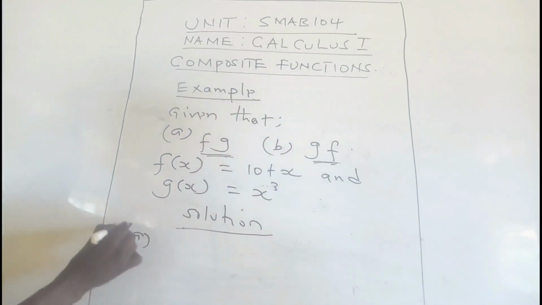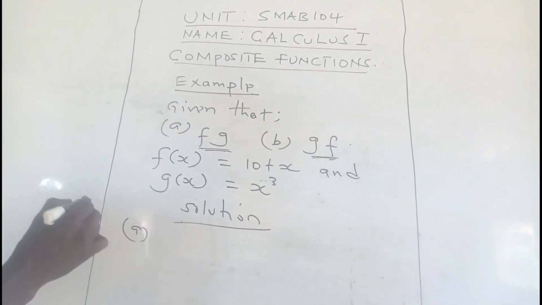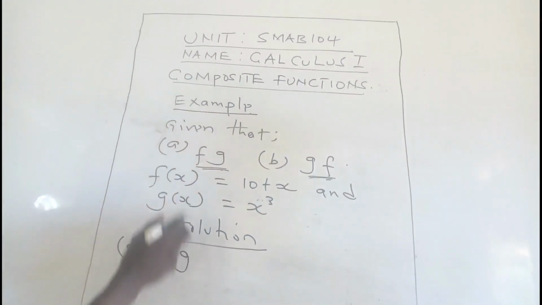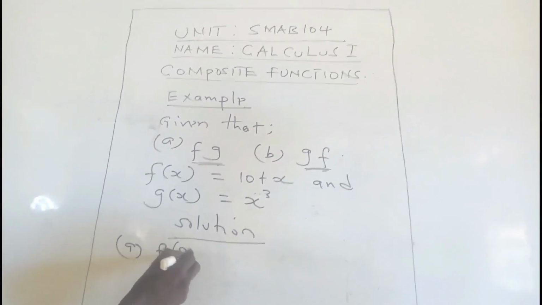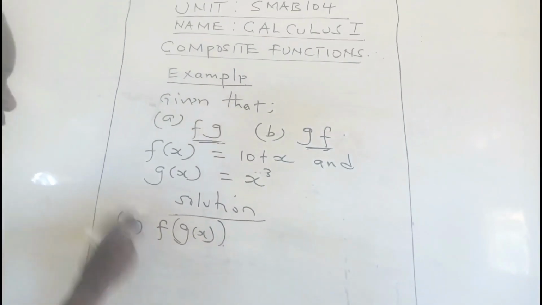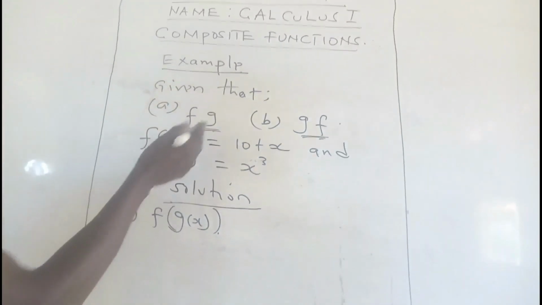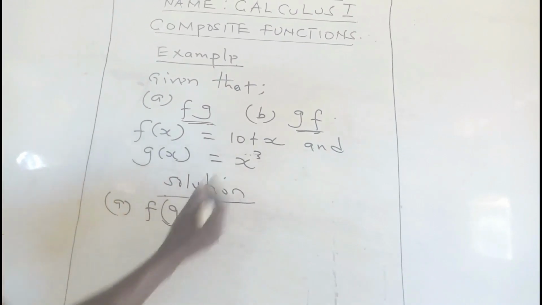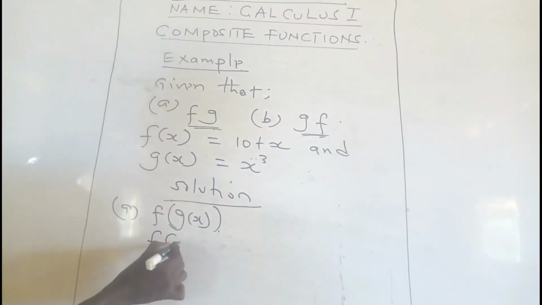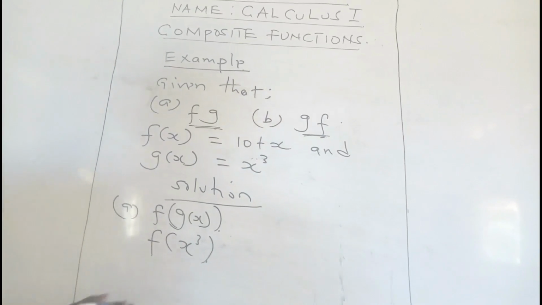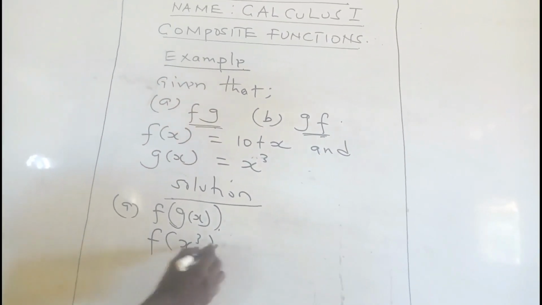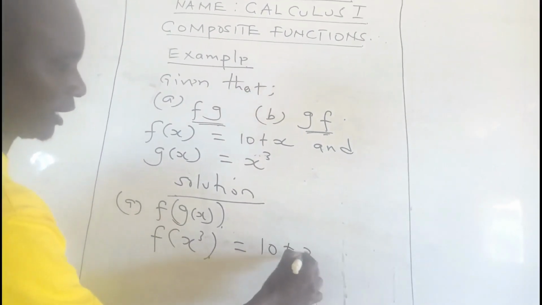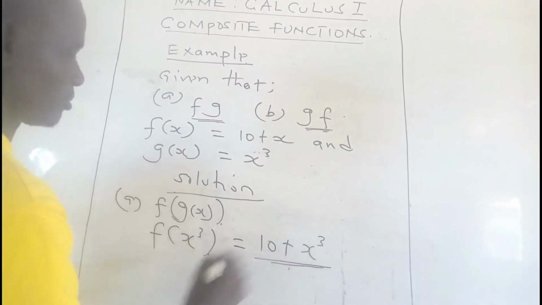For part A, we'll have fg. So fg means we plug g of x into f. Now if you plug g of x into f, and our g of x is x cubed, it's like I'm plugging in x cubed into f, which will give me 10 plus x cubed as my answer.